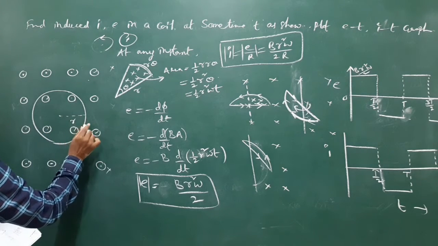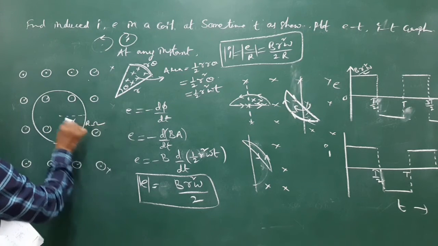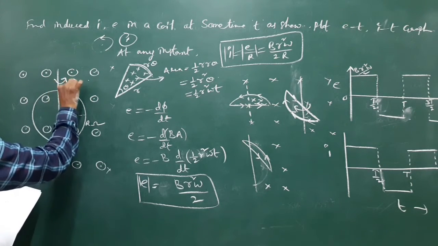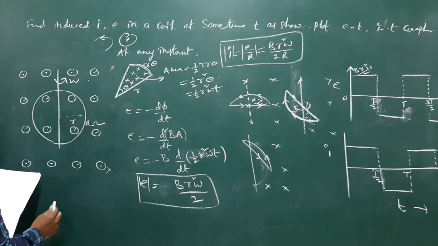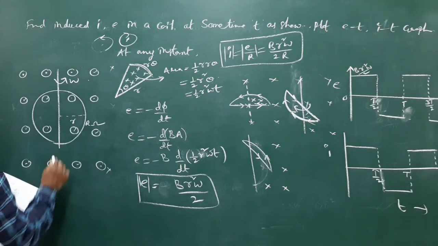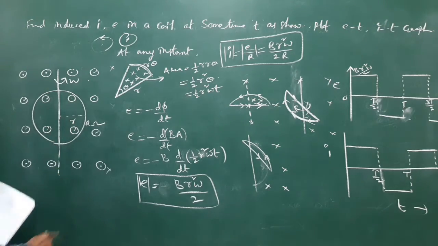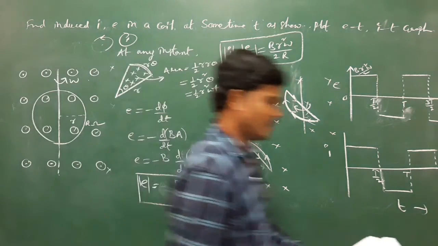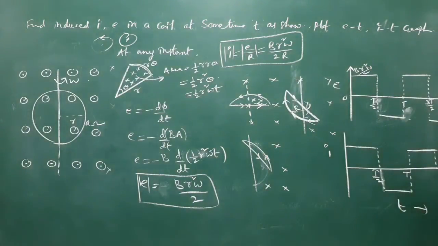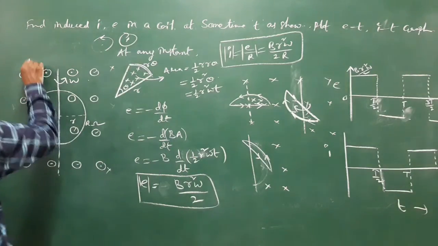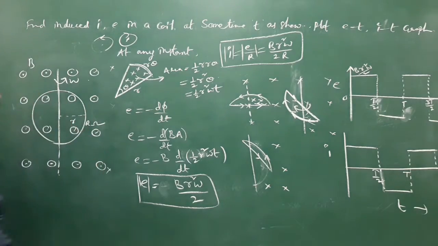So small r is radius, capital R is resistance. It's rotating with an angular velocity omega. Magnetic field is out of the paper, out of the board.